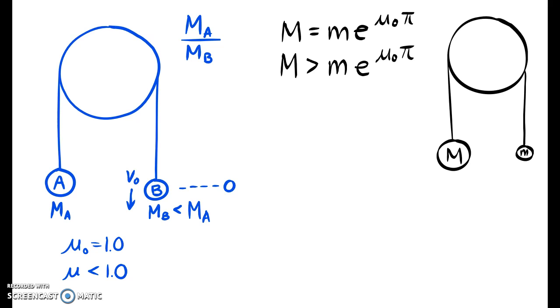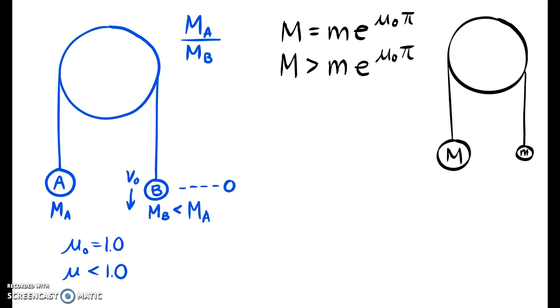It's similar to the idea where we had large M there initially, and in order to have the system not rotate counterclockwise following the effects of gravity on large M, we put in a small m here. But since we've also given weight B, in our case for problem 5, an actual initial velocity, we want ma to be larger in order to counteract the effects of the initial kinetic energy which we're giving to weight B.